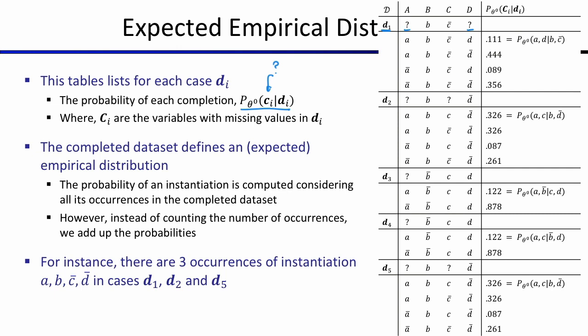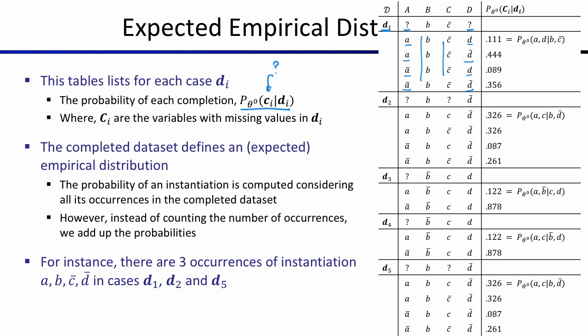So we can make the possible completions: A and D, A and not D, not A and D, and not A and not D. And we want to compute the probabilities for each of those instantiations. So what we do, we fix B and not C, because this was observed, right? We know this from the example D1.